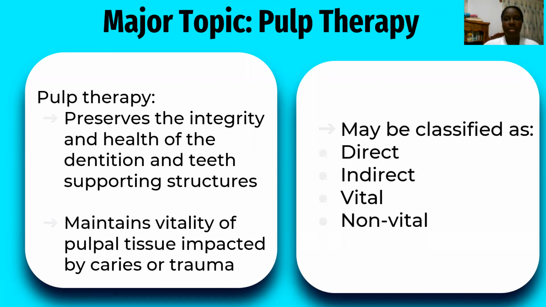Pulp therapy may be classified as vital pulp therapy that would include indirect and direct pulp capping, pulpotomy, and pulpectomy, as well as non-vital therapy that would include apexification. And apexification induces a calcified barrier at the apex of a non-vital tooth with incomplete root formation.